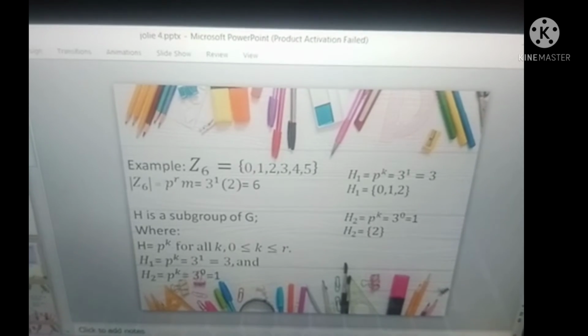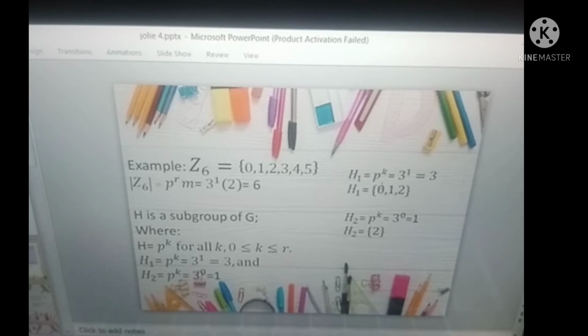Our second subgroup is 3 to the power of 0, which is equal to 1, since K can also be 0. Then P to the power of 1 is equal to 3.